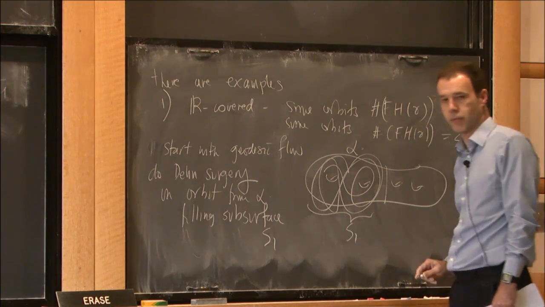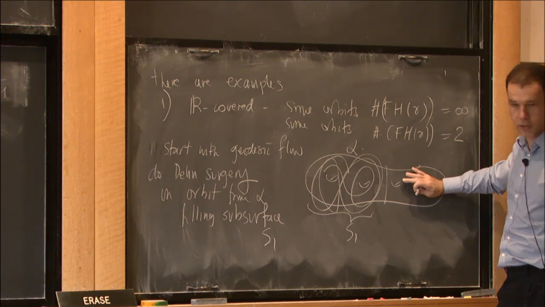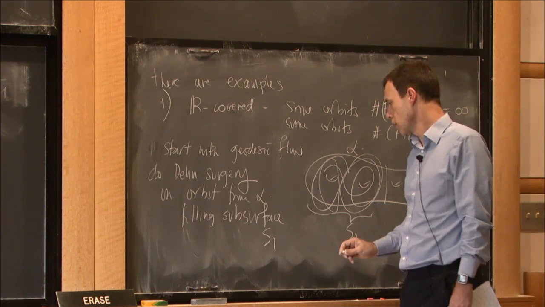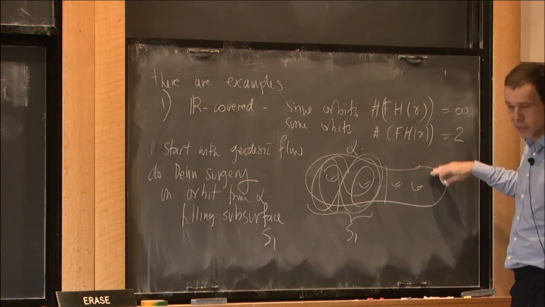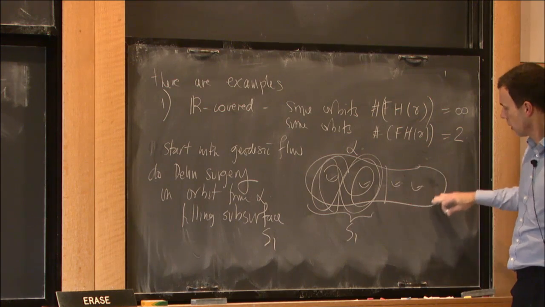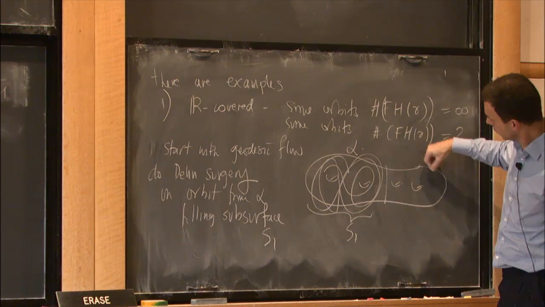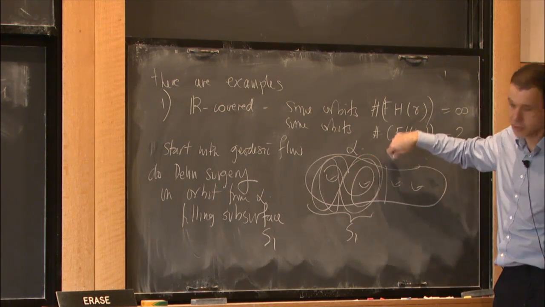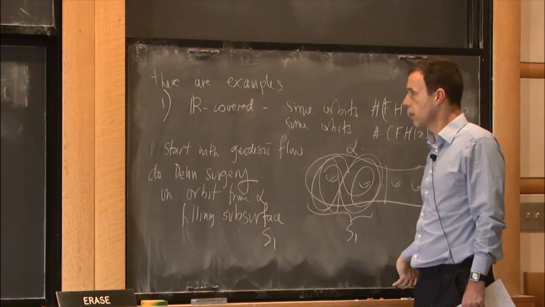So this is my S1. So I do something here. I mess up the flow. Here I still sort of have the geodesic flow. Okay. So the orbits which correspond to geodesics which stay in this part, they haven't changed anything, and they're going to have the finite free homotopic class. Any other orbit which corresponds to a geodesic which intersects this alpha here is going to have this property here.